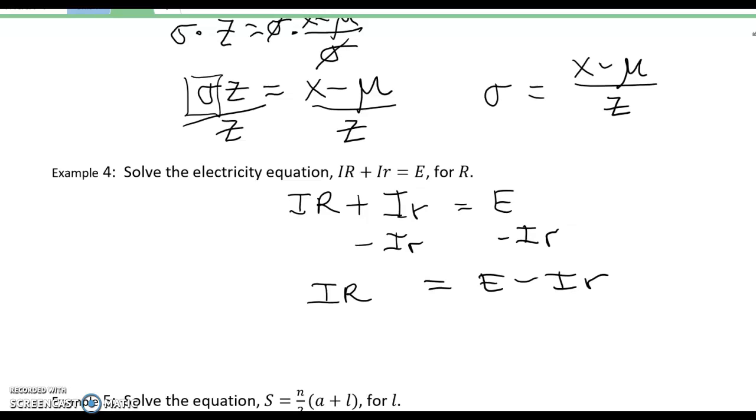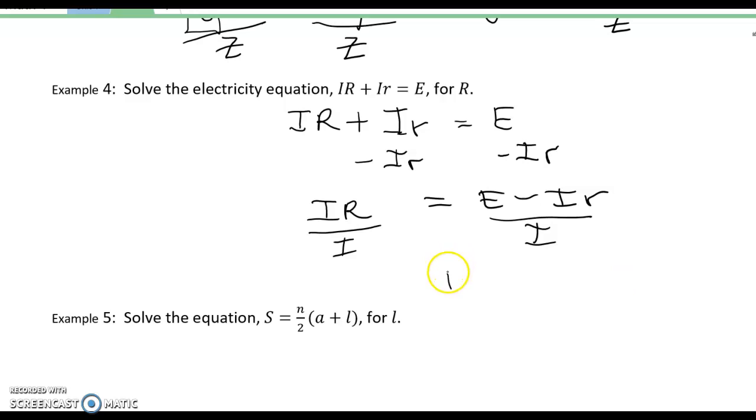So now we're left with I times big R equals E minus I times little r. To finish this off, since we're solving for big R, we're going to divide by big I on both sides, leaving us with big R equals E minus I times little r all over I.